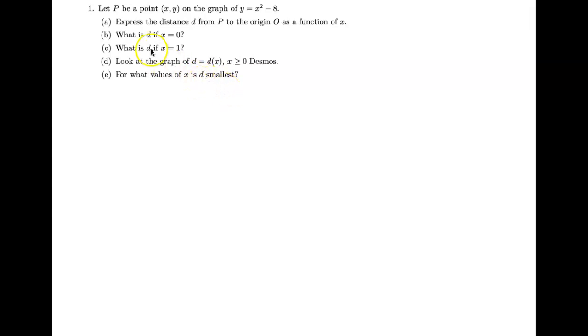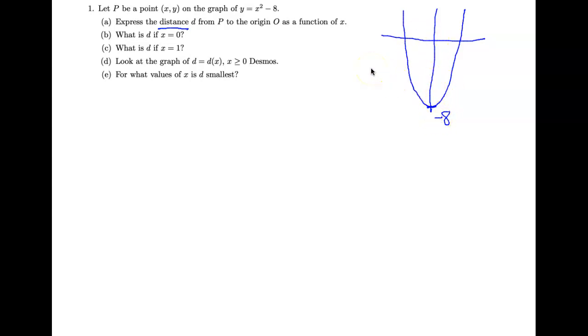So when we're looking at this problem, I'm seeing that there's the distance, so I'm probably going to be using the distance formula, but I think what would help me is just to sketch the graph y equals x squared minus 8. Let me put this line up here, and so the vertex is at (0, -8), and that's a good enough sketch for this.